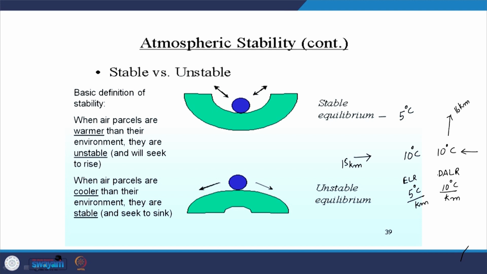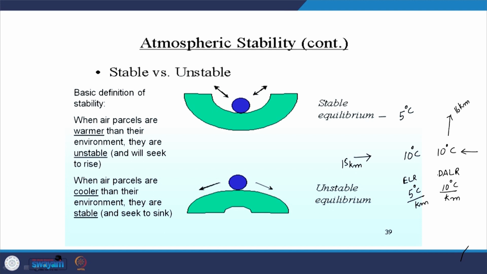Now, let us say the environment lapse rate, ELR, is 5 degrees Celsius per kilometer, and the dry adiabatic lapse rate, DALR, for the air parcel is 10 degrees Celsius per kilometer.